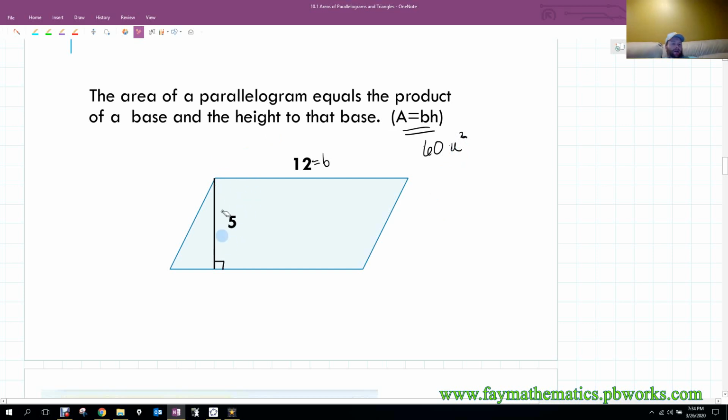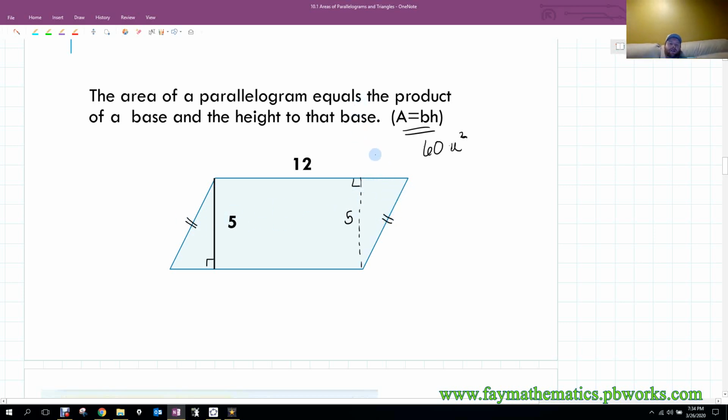Now, what I want to talk about here briefly is why is this the same formula as a rectangle? We've got that right angle, come over here, got a right angle there. This would still be 5. One of our properties of parallelograms is that opposite sides are congruent.